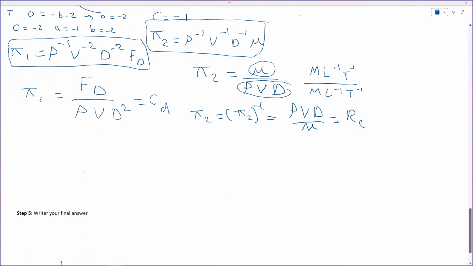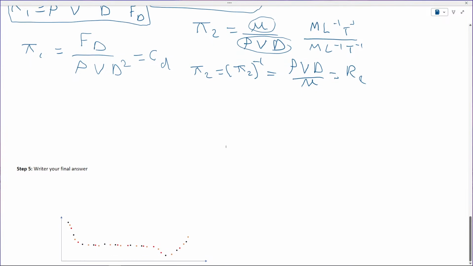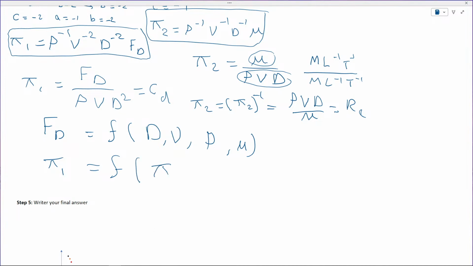Just to remind you, we have the relationship that F_D is a function of D, v, rho and mu. F_D is my pi 1, and it is a function of my pi 2, because pi 2 has all these variables.